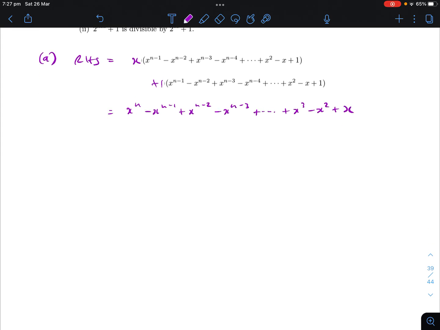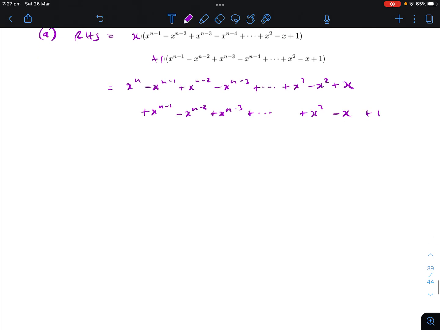And then the other term, you're adding x to the n minus 1, subtracting x to the n minus 2, plus x to the n minus 3, plus ellipsis, plus x squared minus x plus 1.